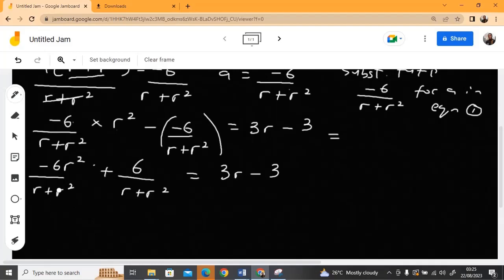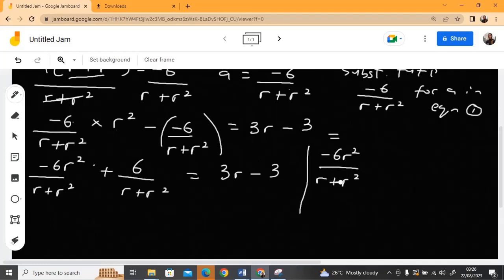Now you are going to multiply by the multiplicative inverse. You multiply each of them by R plus R squared, so as to clear this fraction. So I'll multiply this one by R plus R squared, minus 6R squared, for those of us that may find it difficult, R plus R squared.